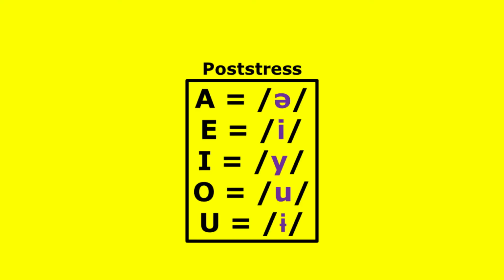So these letters have these sounds when they are at the end of a word, but there's quite a complex vowel harmony system. It forces the stressed vowel to change its sound due to the last vowel, which carries its unstressed sound.